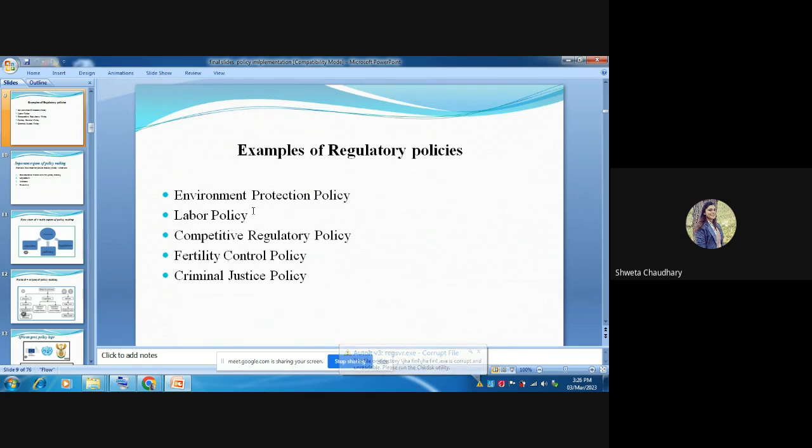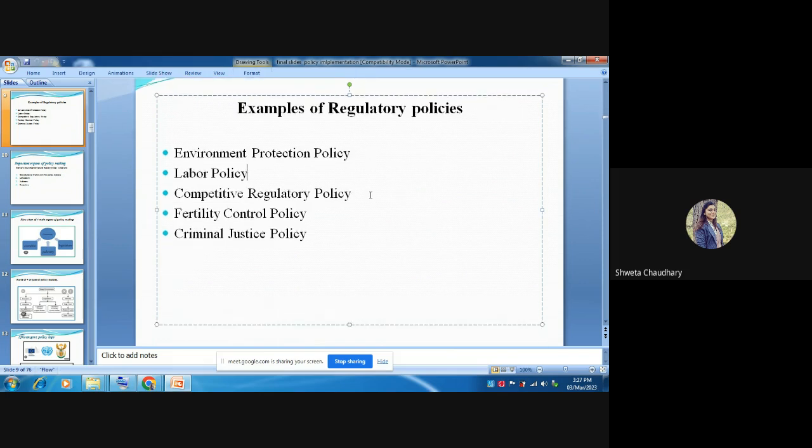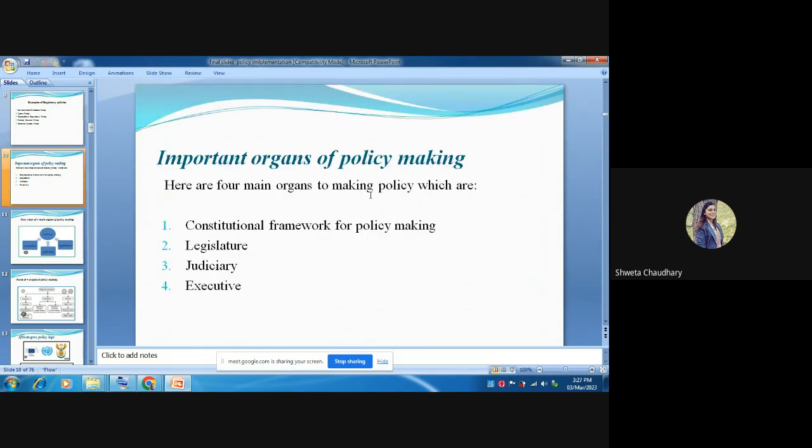Other policies are labor policy, fertility policy, criminal justice policy, and environment protection policy. Like, great climatic change has taken place, so whatever needs to be done is for climate protection. So we have to take care of environment protection policy also, besides other policies. So these are the regulatory policies.